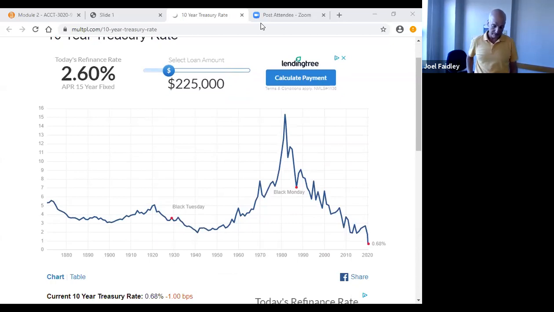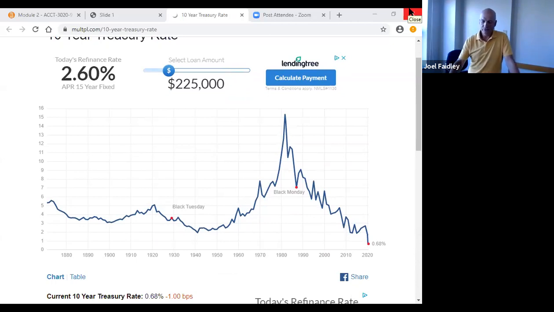It goes way back, looks like 1870, what the 10-year treasury that the government sells to investors for a 10-year note. Kind of sort of like a 10-year CD, although in this particular case, you're talking about something that's government insured that they sell themselves and not where they're insuring the banks that are selling CDs.